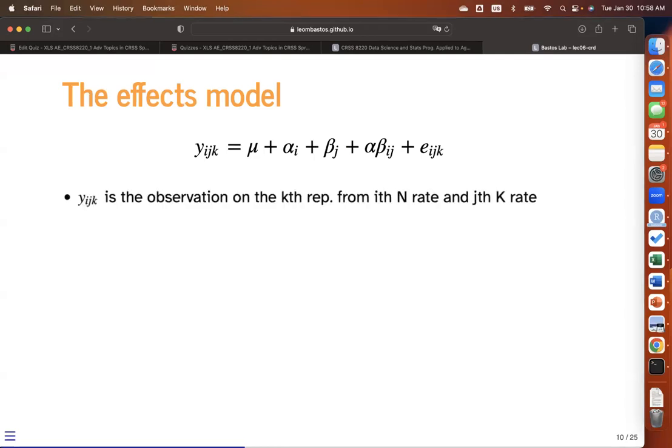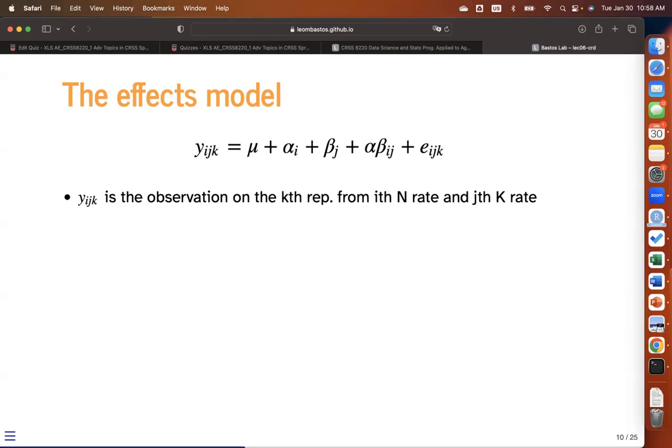Y_ijk is the observation on the kth replicate, or in this case block, from the ith nitrogen rate and jth K rate. So this Y_ijk is just an observation that you made on your field. That is what you're actually measuring. That's your response variable.